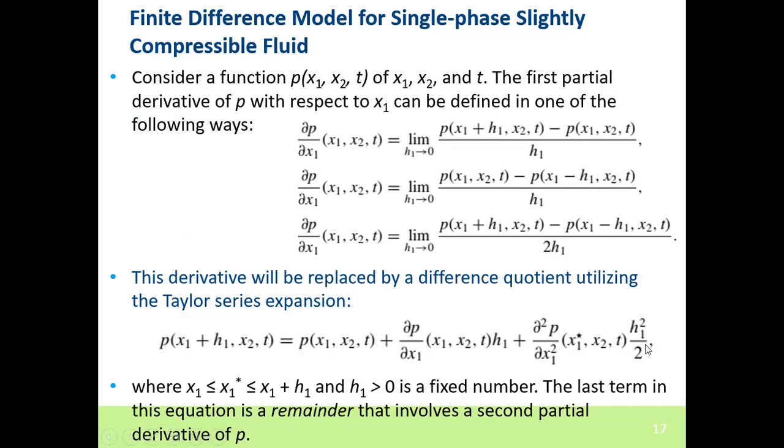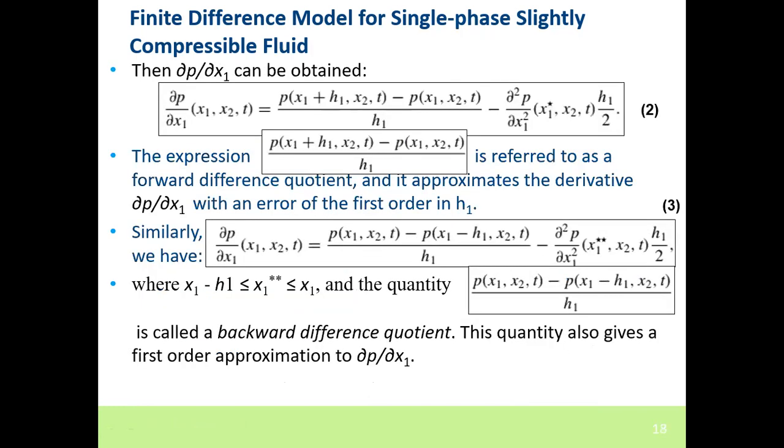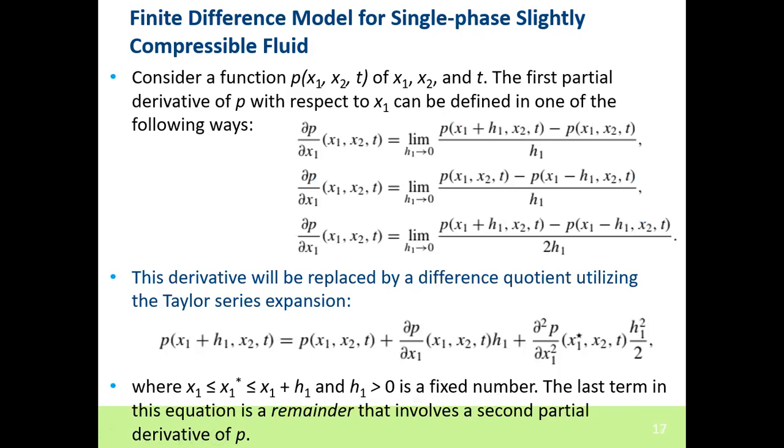So the Taylor series expansion for the function is as shown here. And you see, of course, this has been truncated to the third term. The full expansion still continues. So taking this equation, you could write the first order differential in terms of the second term on the right-hand side.